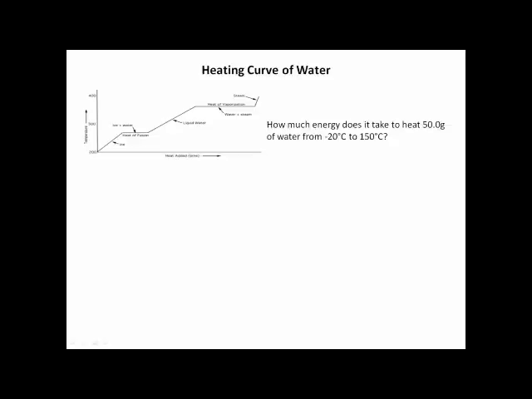Okay, so for our Q1, once again it's MCΔT. Our mass, as the question says, is 50 grams. Our C of ice, we have to look up, and that is 2.06 joules per gram degree Celsius. Notice it's not the same as water. Our T final is 0, that is the freezing point.